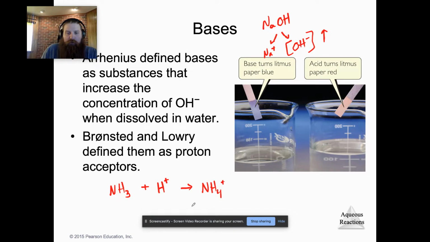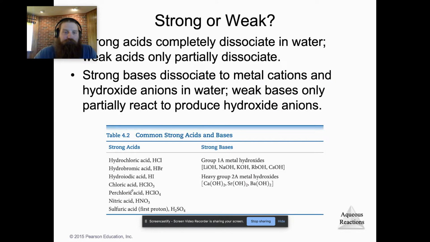So in this case, whatever this acid species is, the spectator ion is pretty much irrelevant here. But the hydrogen is going on to the NH3. The NH3 is accepting it, and so we say that is a proton acceptor. Thus, in this case, NH3 is a Bronsted-Lowry base. Bases also turn litmus paper blue. Acids turn litmus paper red. That's something you probably already know, but it's worth a mention.